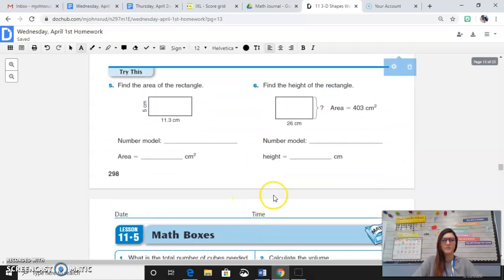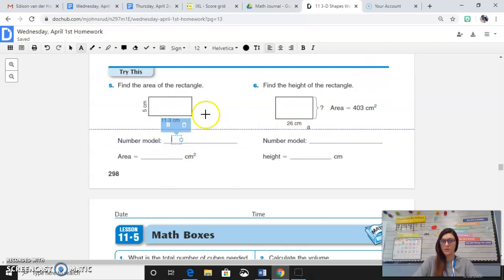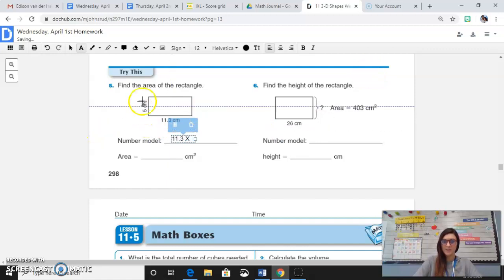Okay, next, try this. Find the area of the rectangle. This one's going to be a little bit different. In order to find the area here, your number model is going to be, so your base is 11.3, so 11.3 times your height is 5 equals. And some of you are going to be like, well, I have no idea how to do that.